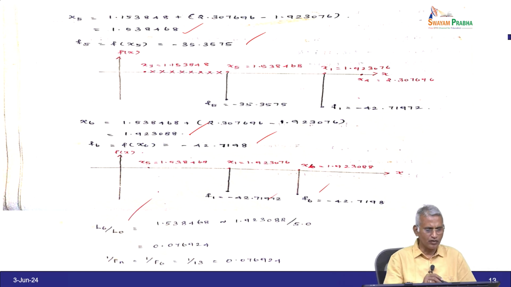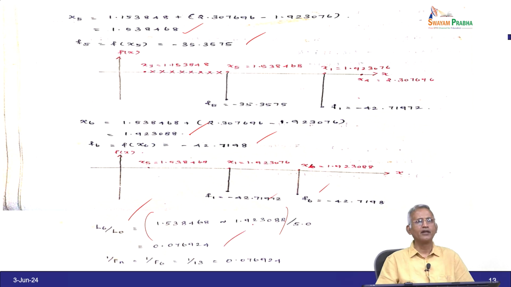Subtract them. Therefore, L6 by L0 equal to 1.538468 approximately by 5, which is equal to 0.76924. Therefore, 1 by Fn equal to 1 by F6 equal to 1 by 13 equal to 0.76924.